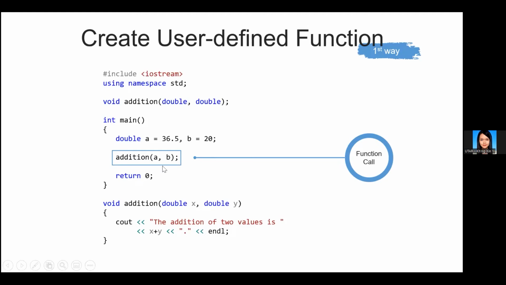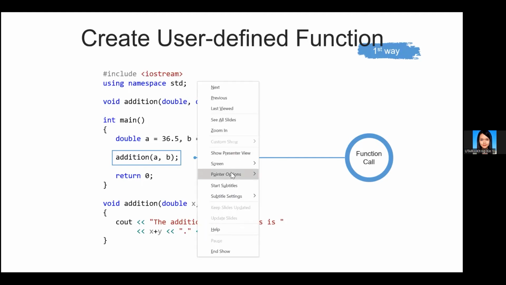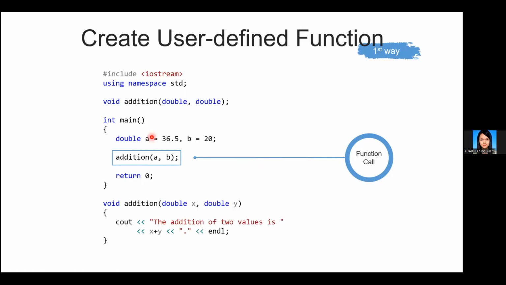So then after that, we're back to here. You see, we have the function call here. We want to call the function. Whenever you want to use a function, you have to call the function. So the flow is like this: when the function is being called, the execution of the main function will temporarily stop here.